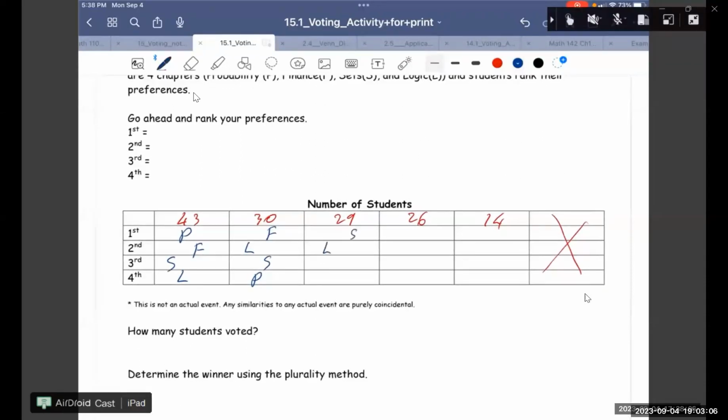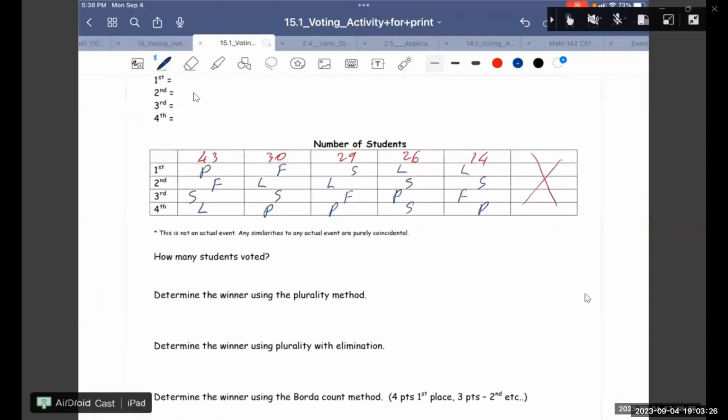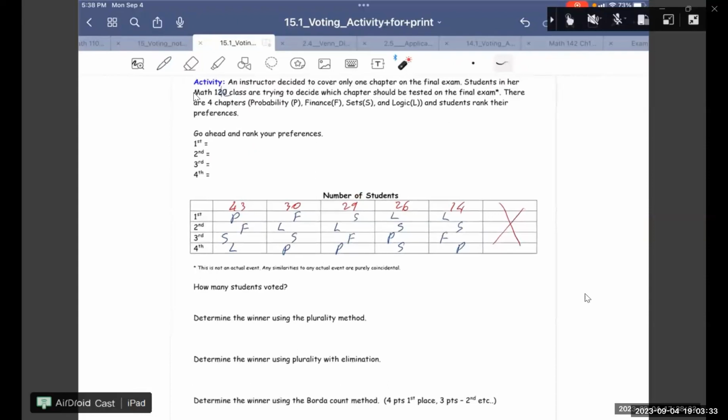S L F P and L S P S and L S F P. So how many voters? So we can add all this one up, which is 142.